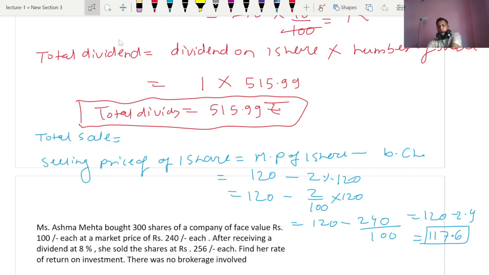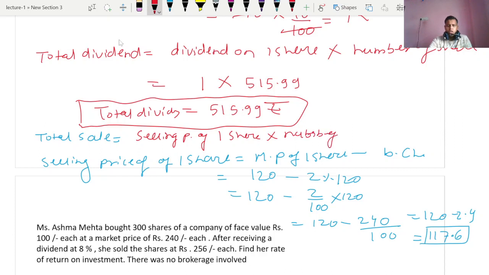So what will be the total sell? Total sell will be selling price of one share multiplied by number of shares. So I will write down here, 117.6 multiplied by 515.99.